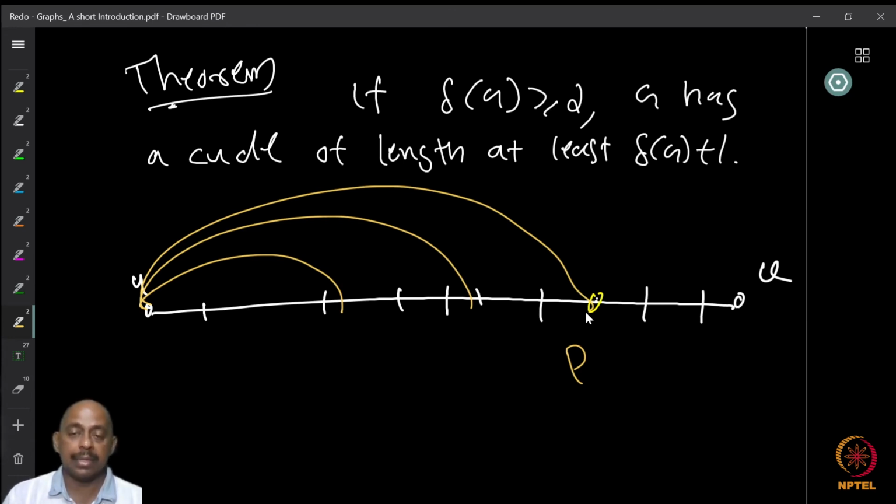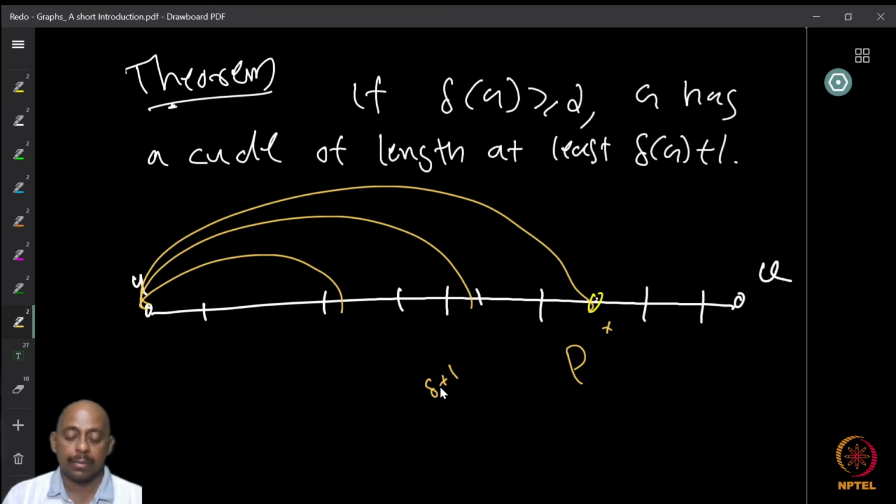Now, since there are at least delta neighbors in P, look at the farthest neighbor of U in the path. All the neighbors are in the path, so look at the farthest neighbor. Since all the neighbors lie between U and this vertex, there are at least delta of G plus 1 vertices here. There could be more.